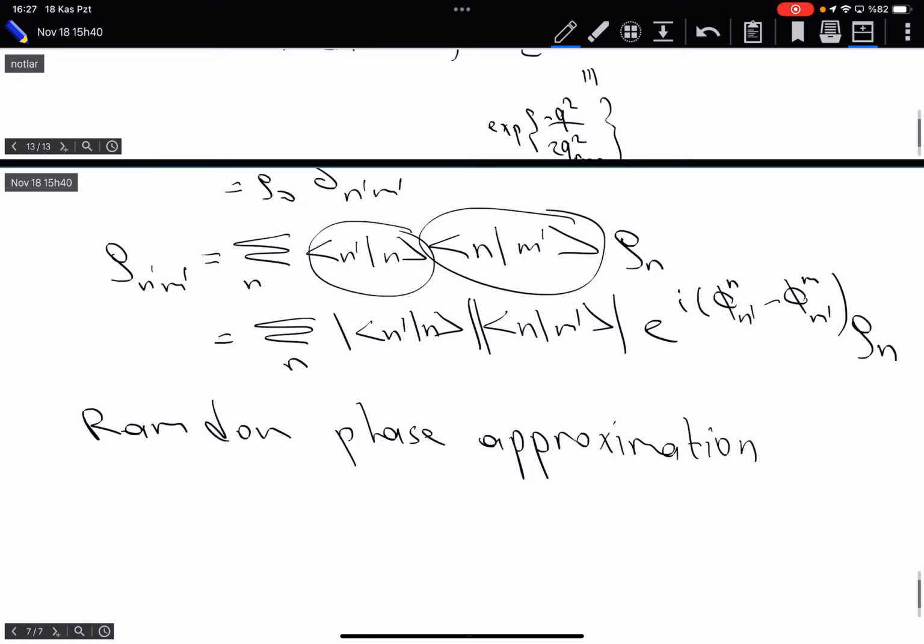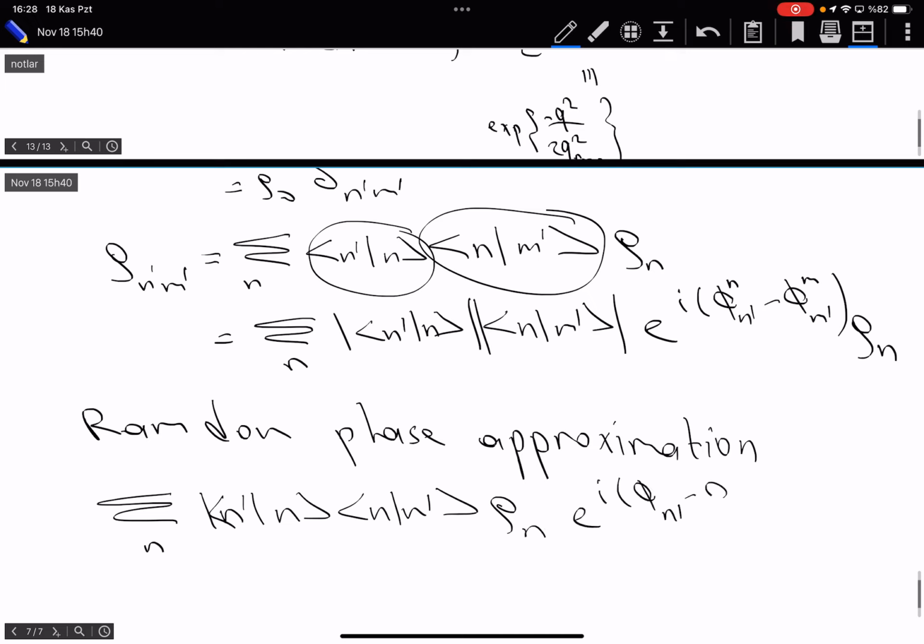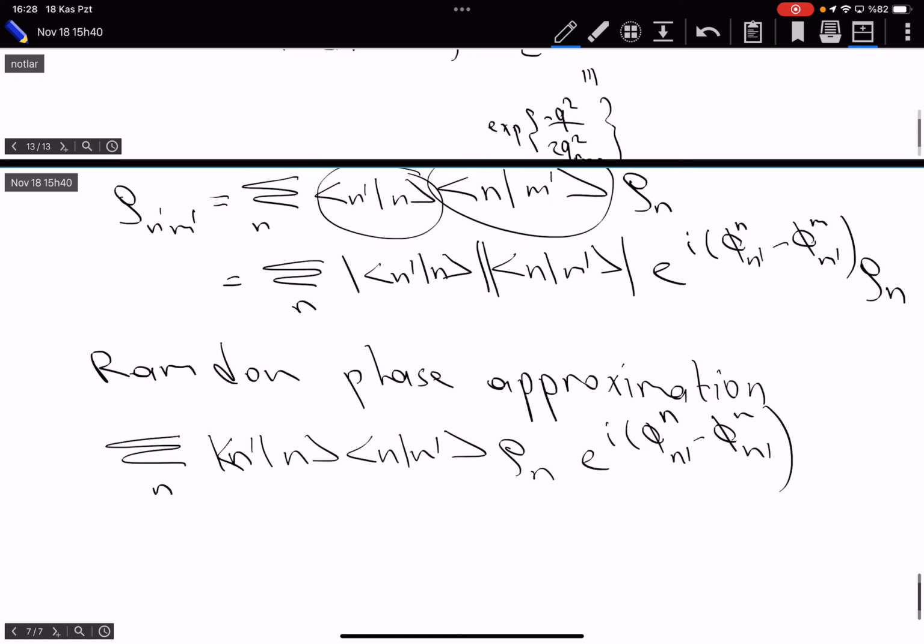So this random phase approximation is essentially the sum over n prime and m prime of rho_n e^{i(phi_n prime minus phi_m prime)} is equal to 0 if n prime is not equal to m prime.